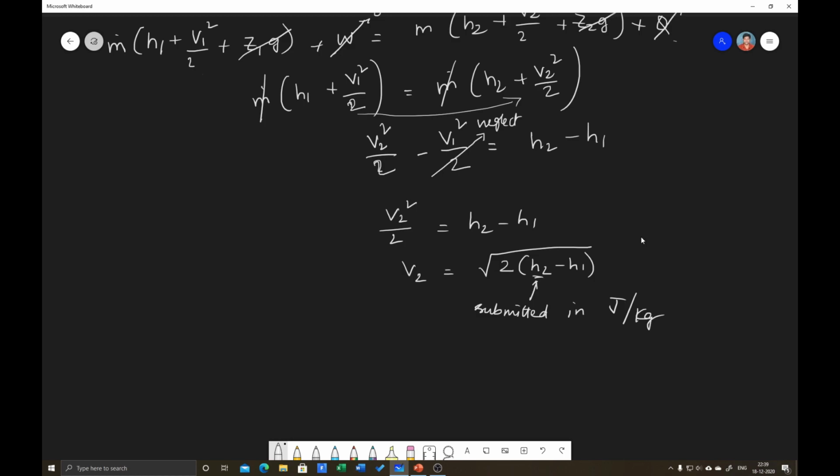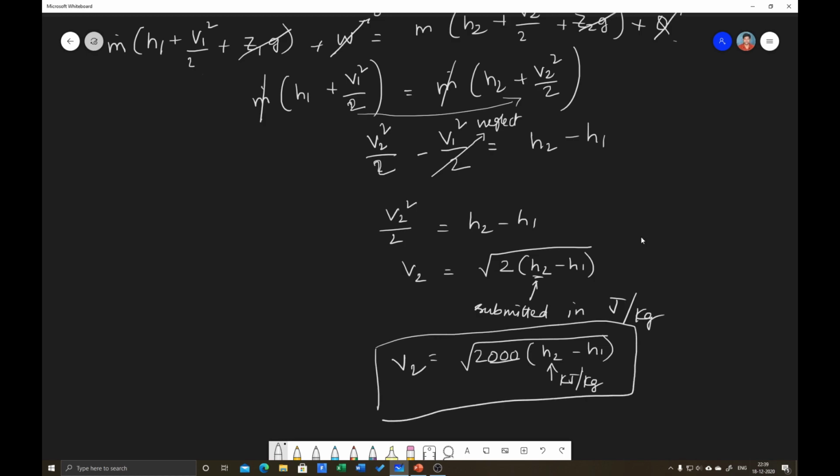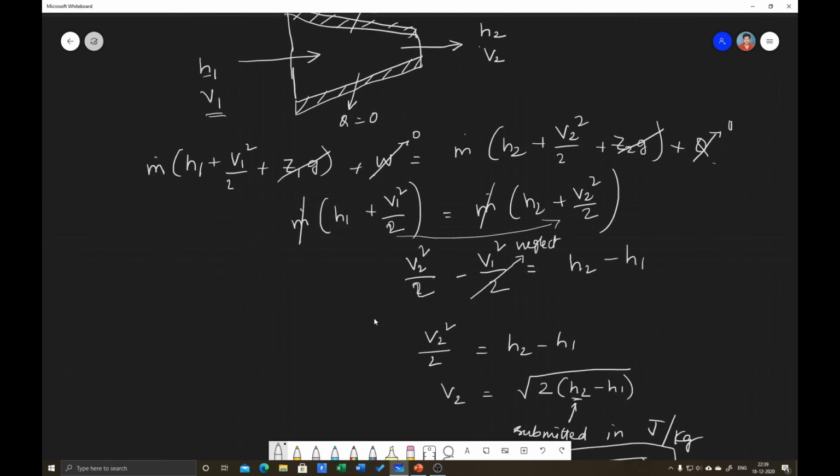Generally enthalpy will be given in kilojoule per kg, so we multiply by 1000, so that we can substitute h2 and h1 in kilojoule per kg. That is why this 1000 comes extra. This is the formula for velocity at the exit of a nozzle.